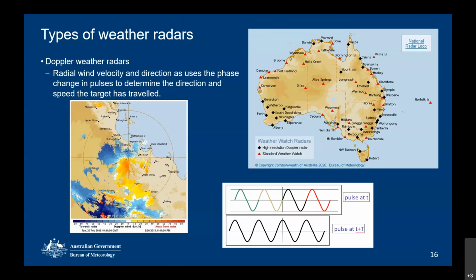On the website, that's depicted by blue and yellow, the red tones. Targets coming towards the radar are shown as blue, and as they go away from the radar, they're shown as red. Between those two, there's a white zone, which we call the zero Doppler. That's the line where the wind travels past the radar and there's no Doppler shift.